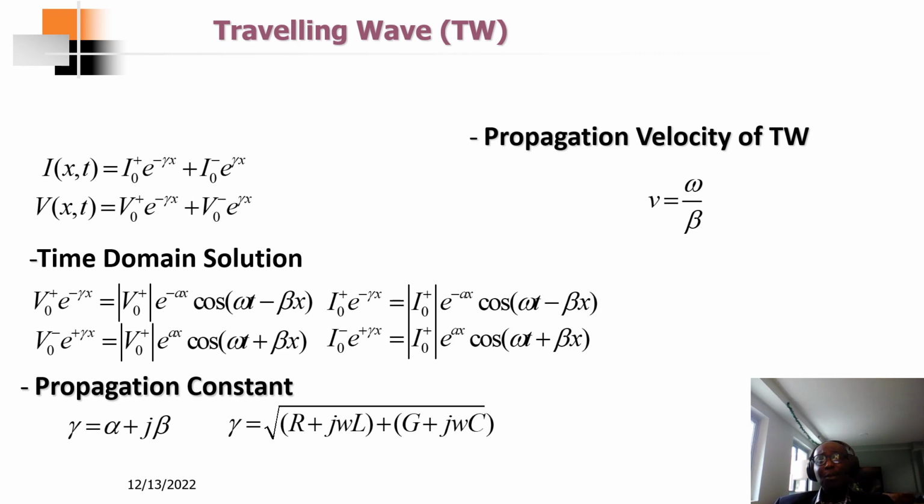Okay, so now let's talk about traveling wave. When there's a fault on a DC transmission cable, right? What happens? It results in currents and voltages, and at the faulted point these generate a current traveling wave and a voltage traveling wave.